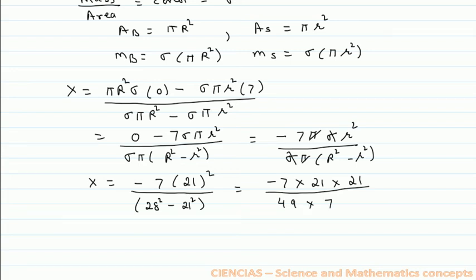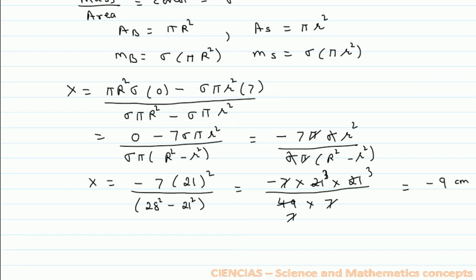A square minus b square is a plus b into a minus b. So this 7 gets cancelled. 7 ones are 7, 7 threes are 21, and so on. So this comes out minus 9 centimeter.